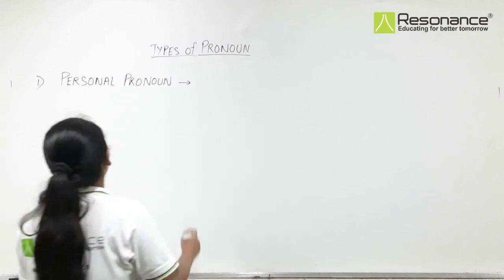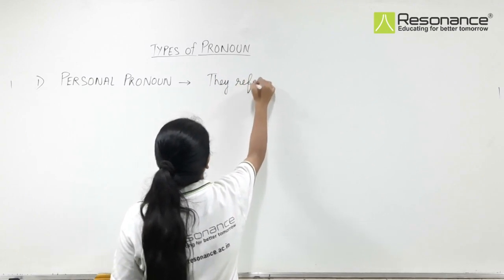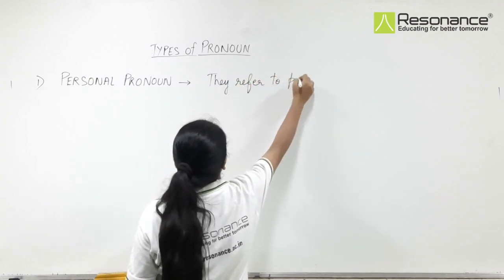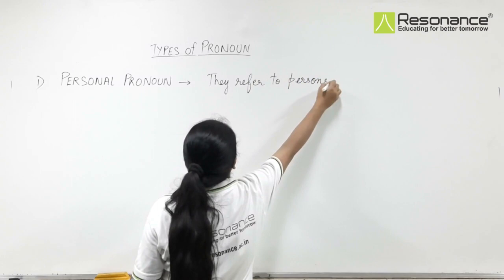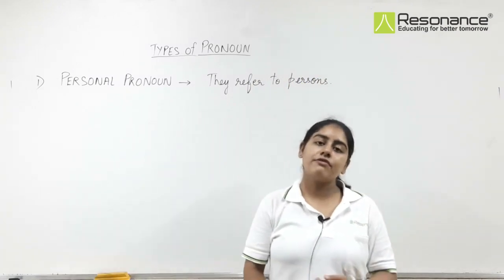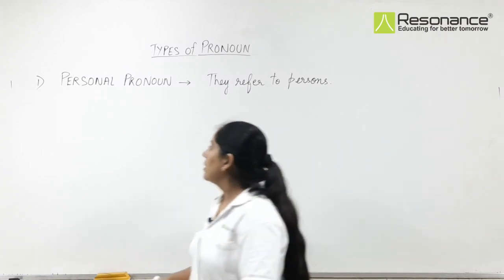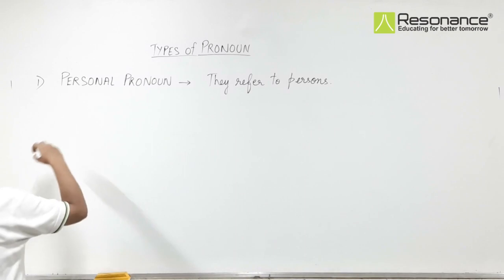Personal pronouns refer to persons. What do they refer to? Persons. These pronouns are of three types.